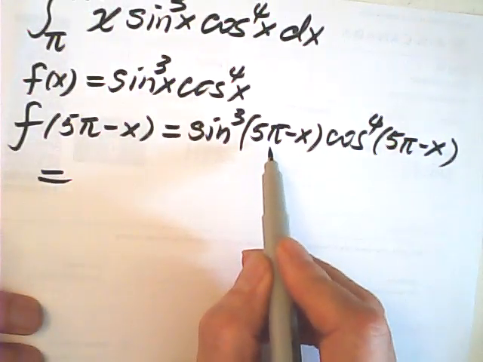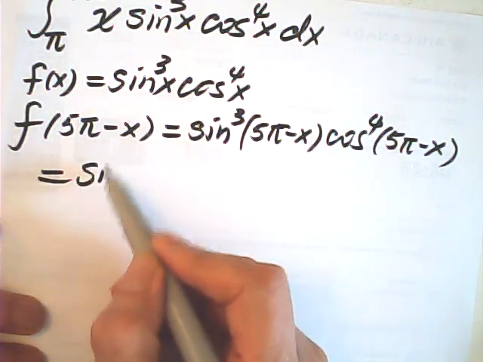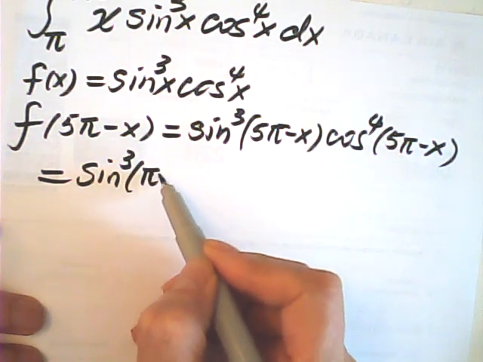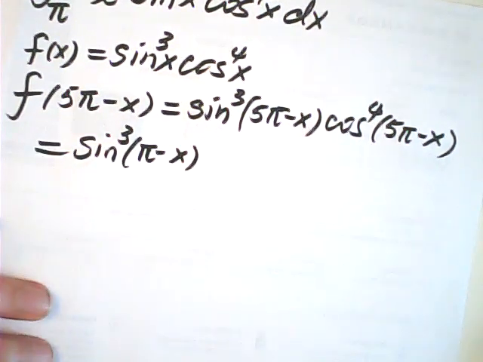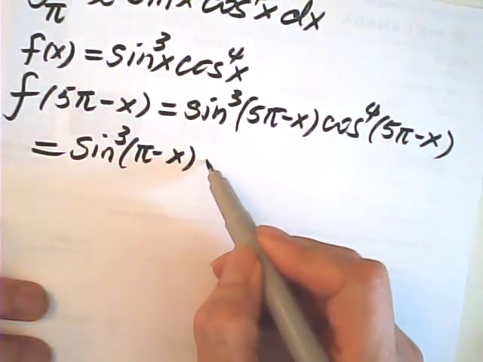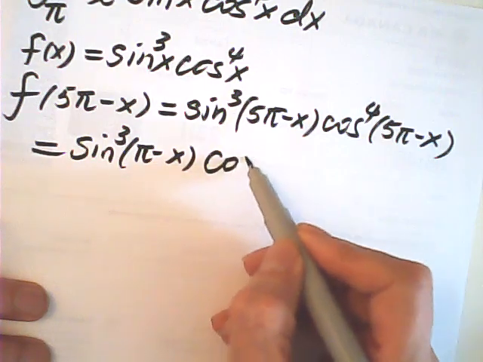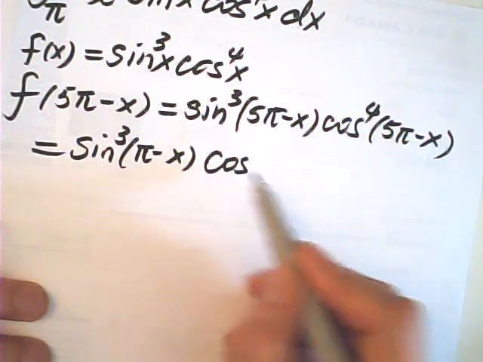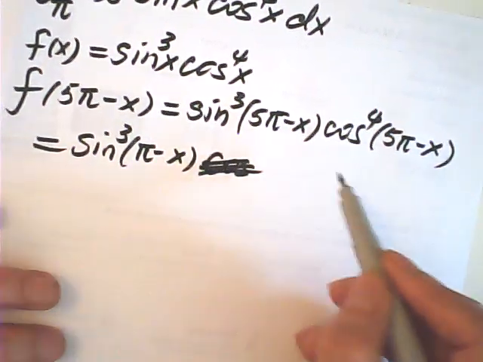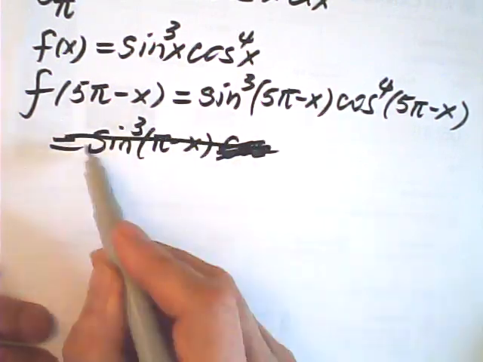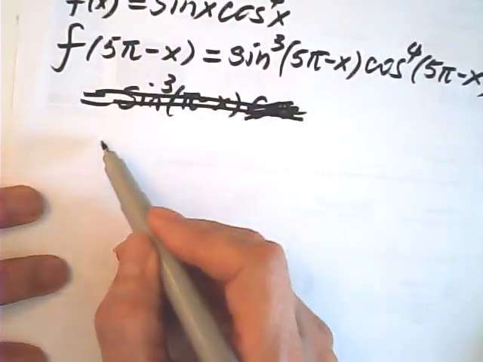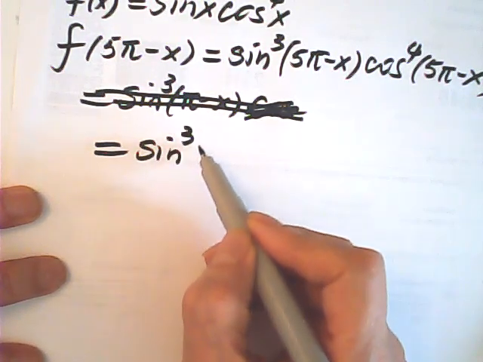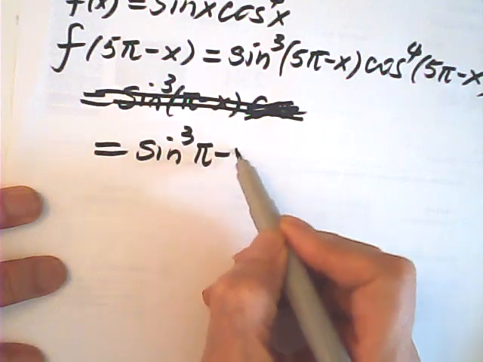5 pi is 4 pi plus pi, right? So it's equal to sine cube of pi minus x.